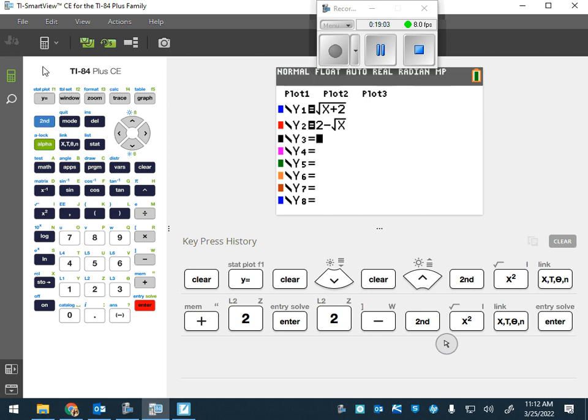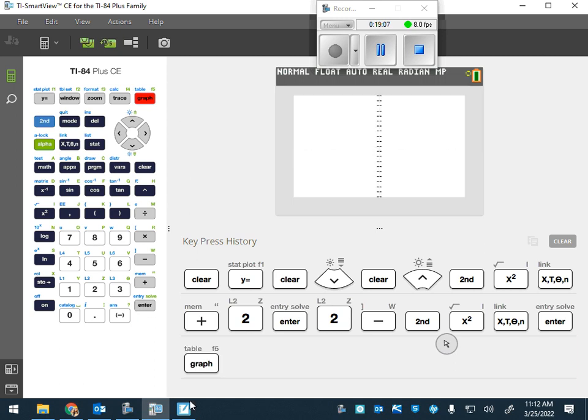Okay? Everyone okay? Right? Press graph. Do you guys see these two graphs? Yes, no, maybe so. Okay.